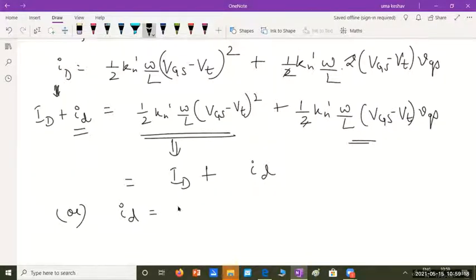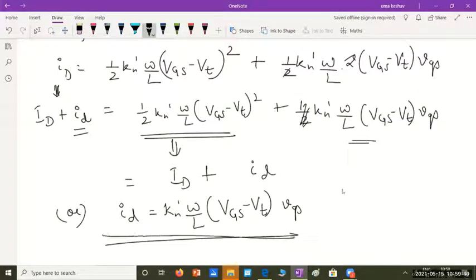What will small ID be? Half and 2 go off, right? I don't have half here. What is left? Kn dash W by L VGS minus VT into VGS. So please remember, we have obtained this equation.